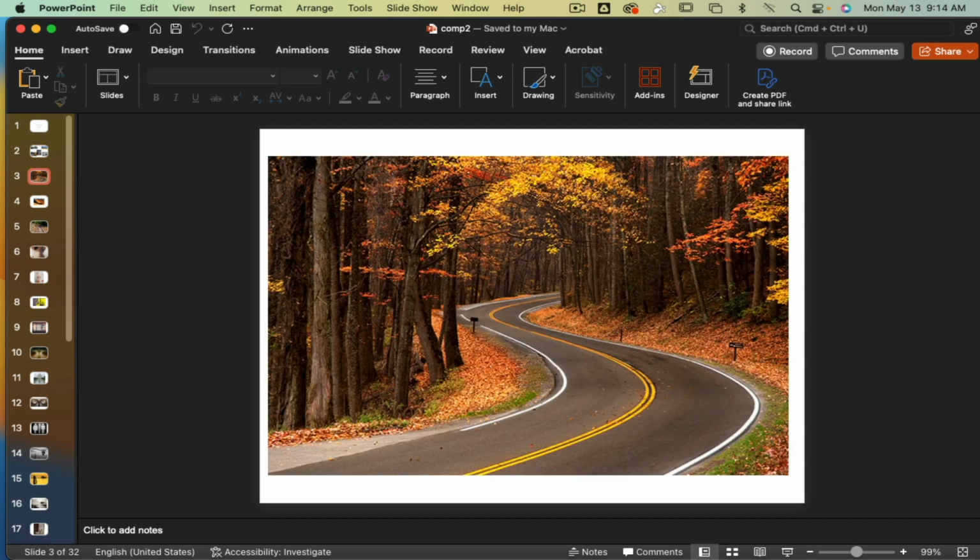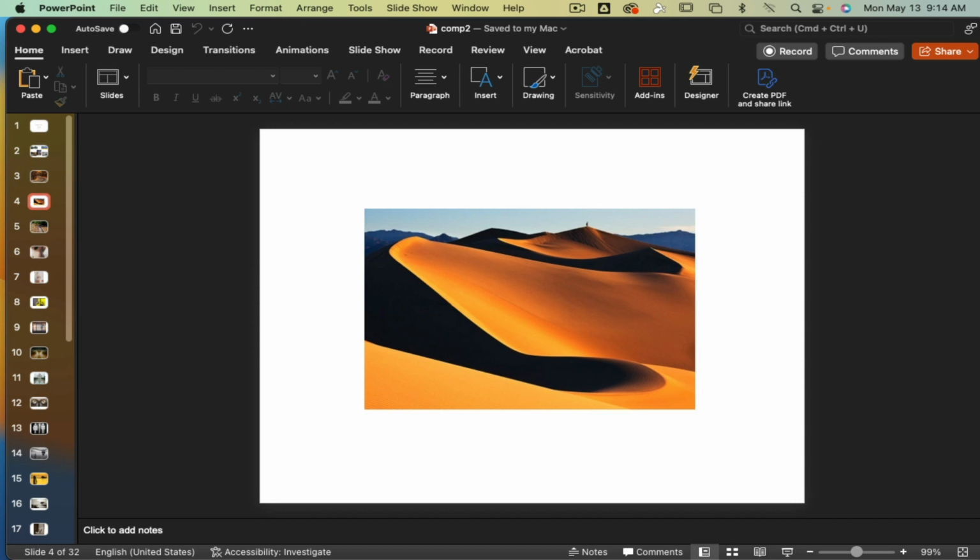S-curve, that's all about the environment that you're shooting in. It's got to have some sort of a curve that is reminiscent of that letter S. It doesn't have to be exactly an S, but it's got to hint at it.